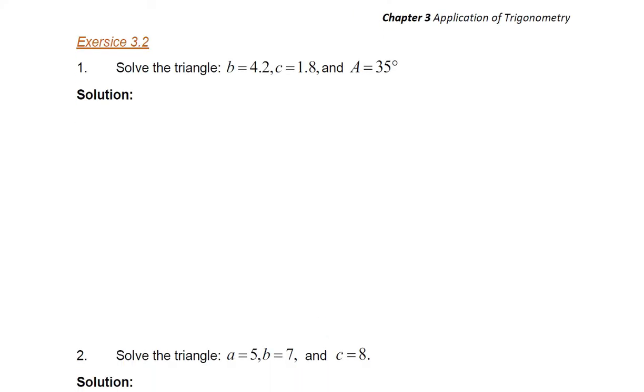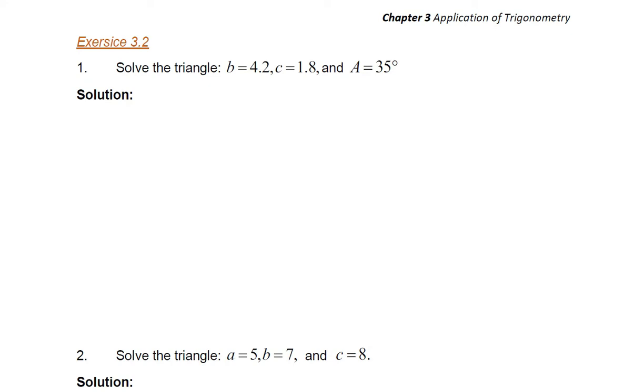Okay, for exercise 3.2, can you do it first before we discuss it together? Try it first. For exercise 3.2, question number 1, by using law of cosine, this is a case where we have two sides and one angle.